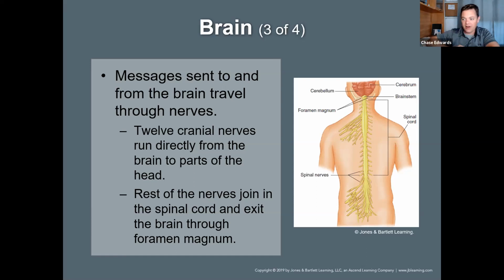Does anybody remember another triad? Yep, Beck's. Beck's triad. That's in reference to cardiac tamponade, right?